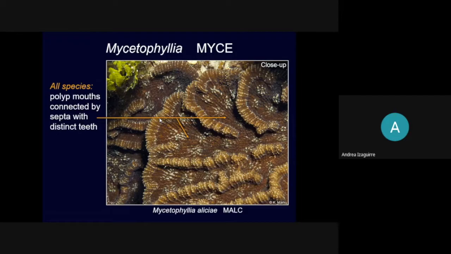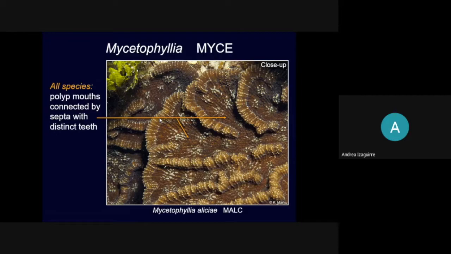We are going to be looking at 3 different types of Mycetophyllia. But again, don't worry about it. If you have a camera, just take a picture and then send it to us, or just write MYCE if you don't, and that is perfectly fine.